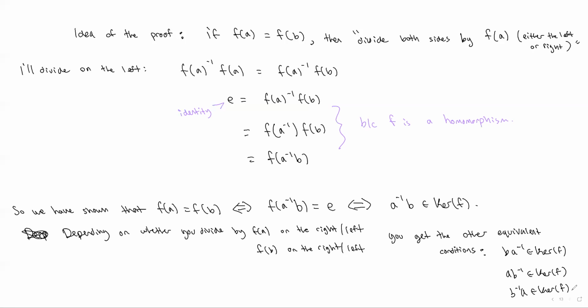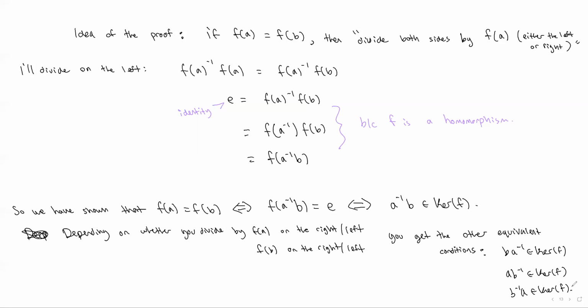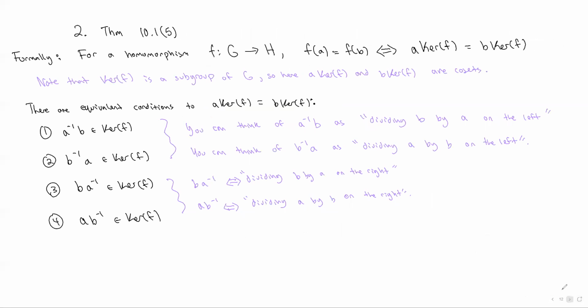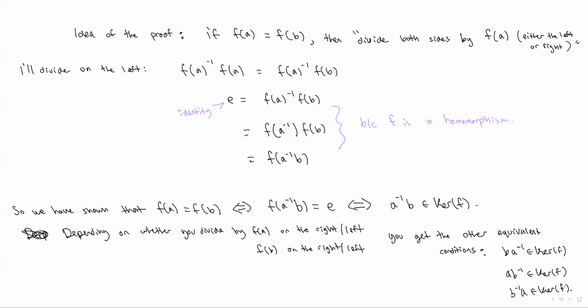All of these are equivalent. So if one of them holds, all the others hold. And hopefully you can see why that's equivalent to the cosets being equal.